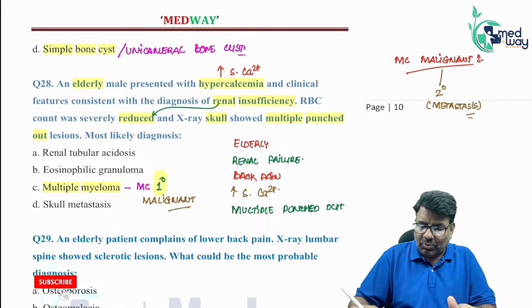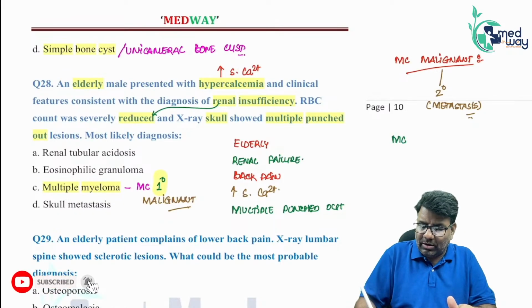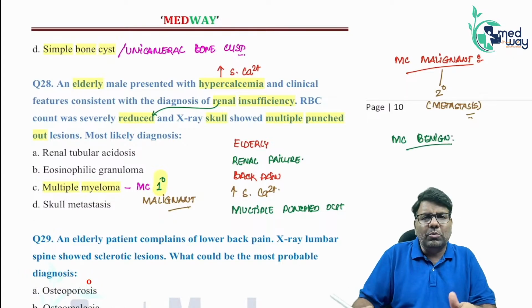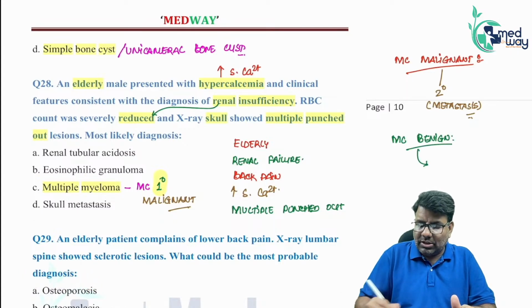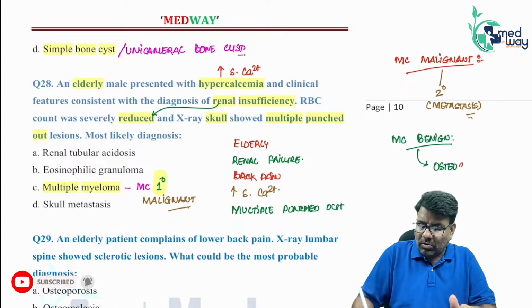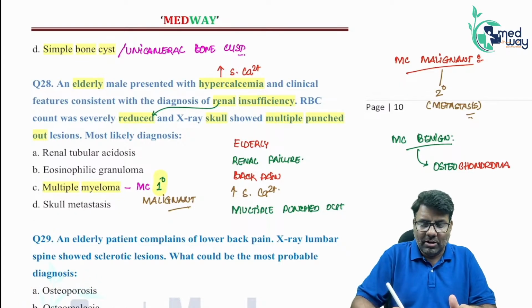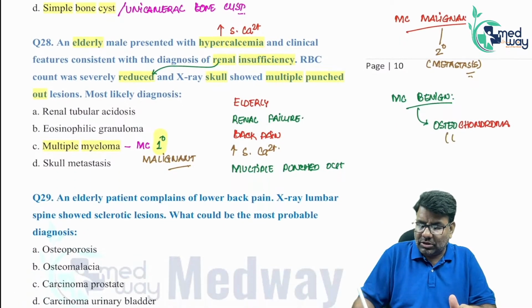And I think we can take the opportunity to discuss most common benign. Right, most common benign, then the answer will be chondroma, which is also known as enchondroma.